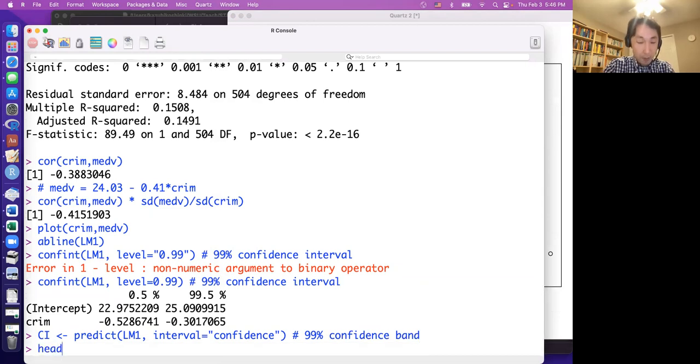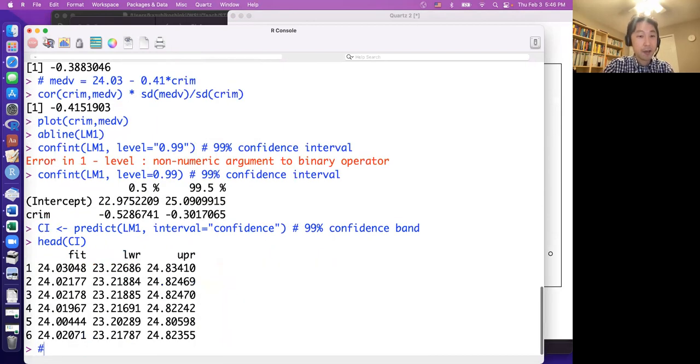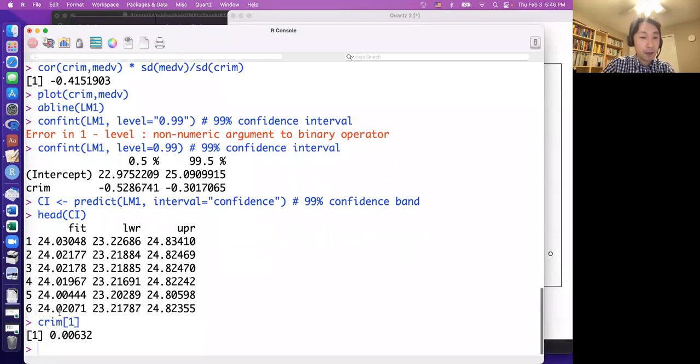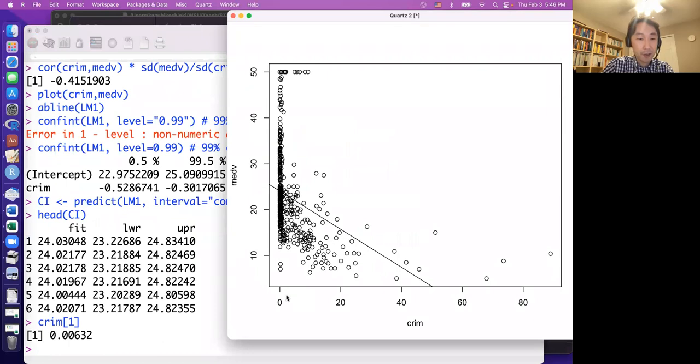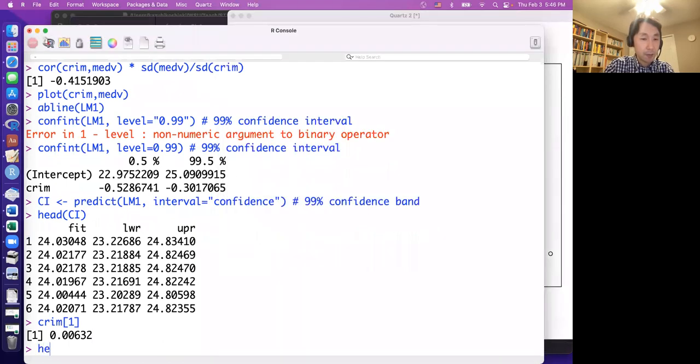So maybe we can see the head of this. So the first observation has some X value, the crime rate, 0.00632.